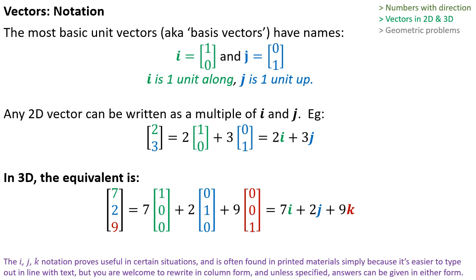But generally speaking, I tend to work with columns more naturally than i's, j's, and k's. And there's no downside to that, really. You're not going to lose marks for writing things in column form rather than ijk. It's a more fundamental way of describing the vector anyway, so there's no requirement for you to leave things in ijk form unless a question specifically asks you to.